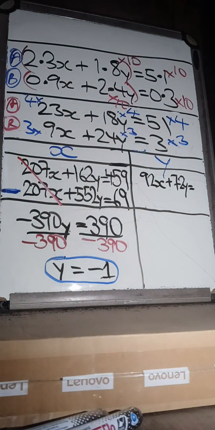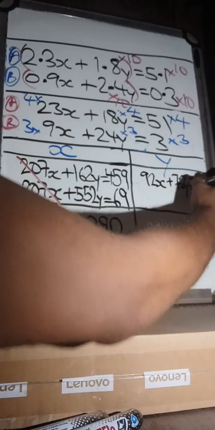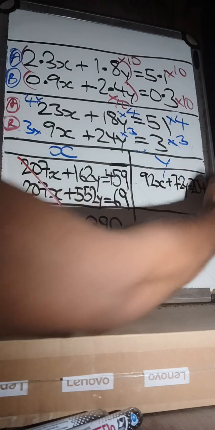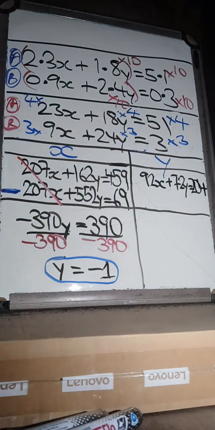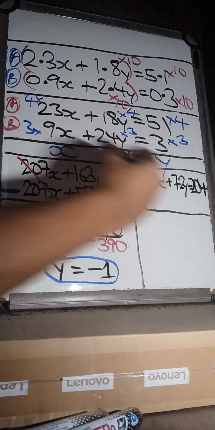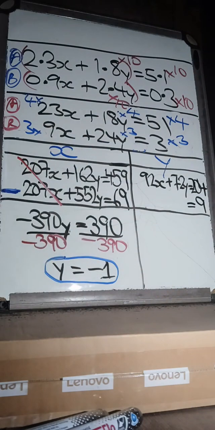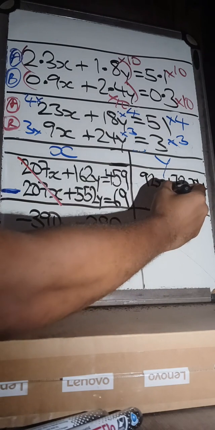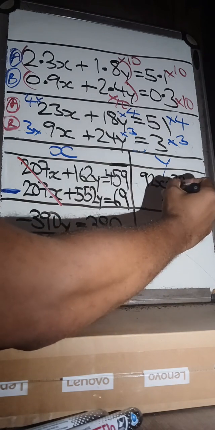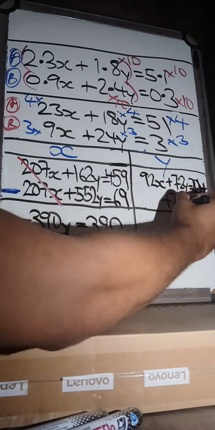What else now? Oh, 51 plus 51, 102 plus 102, so this is 204. Yeah, so that's 204. So 92x plus 72y equals 204. This right here is equal to 9. This is equal to 72y.